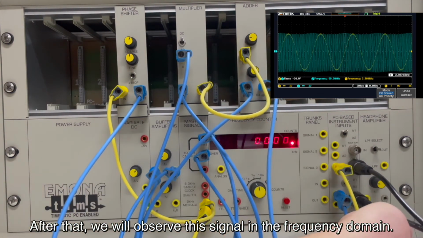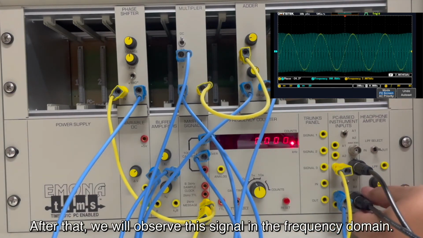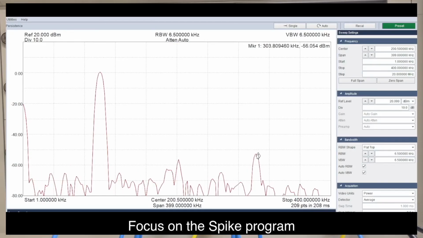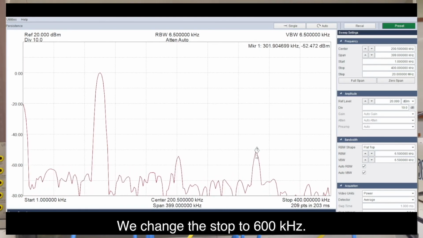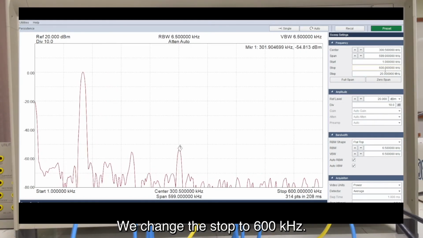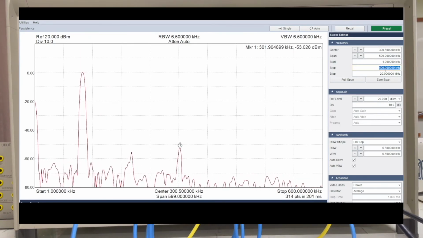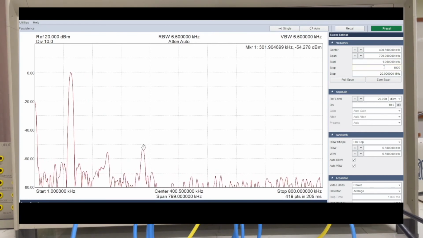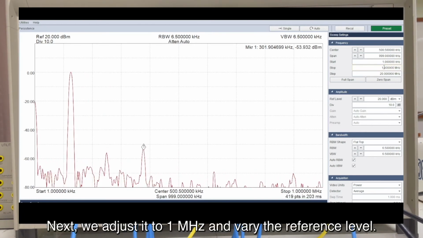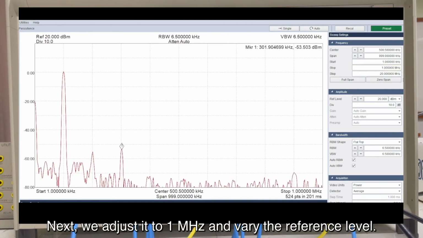After that, we will observe this signal in the frequency domain. Focus on the spectrum program. We change the stop to 600 kHz. Next, we adjust it to 1 MHz and vary the reference level.